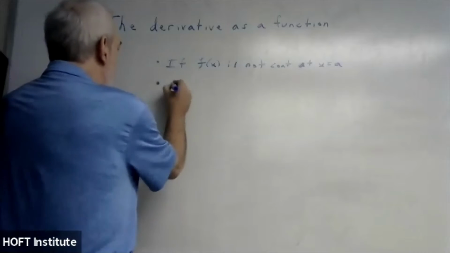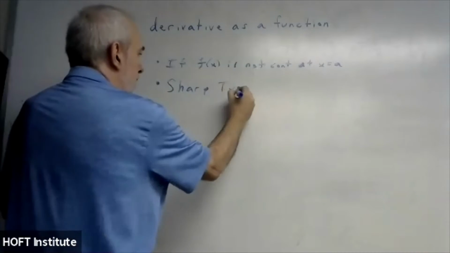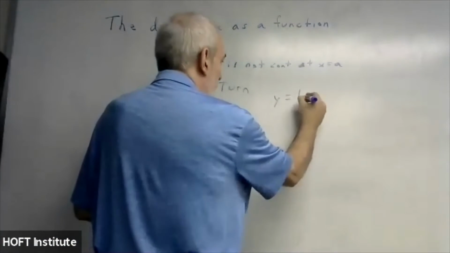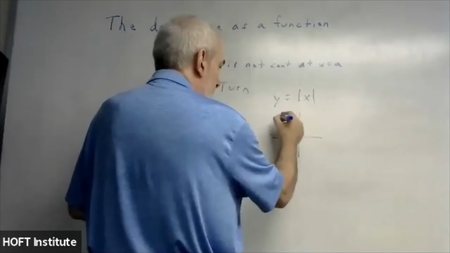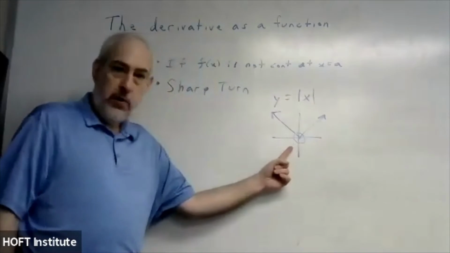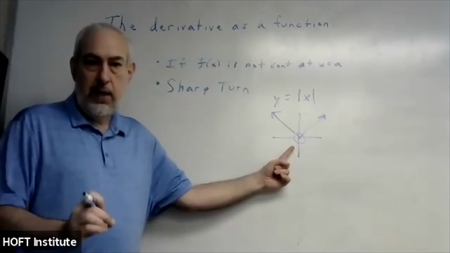The other is what I call a sharp turn. An example of this would be the equation y equals absolute value of x. That's the absolute value function. It has a sharp turn at x equals 0, therefore the derivative does not exist at x equals 0.